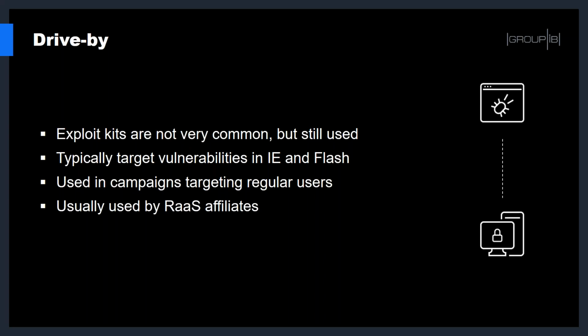So typically, these exploit kits are used in campaigns that target not enterprise networks, but just regular users. And if we look at the vulnerabilities that are used, it's usually Internet Explorer and Macromedia Flash. So this web browser and its components are not widely used in the enterprise.